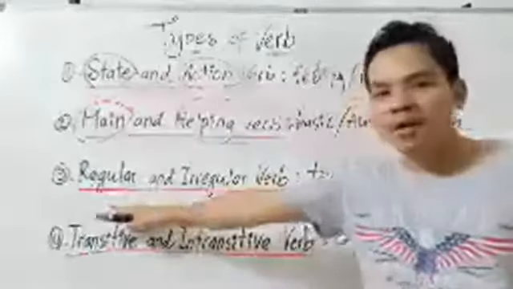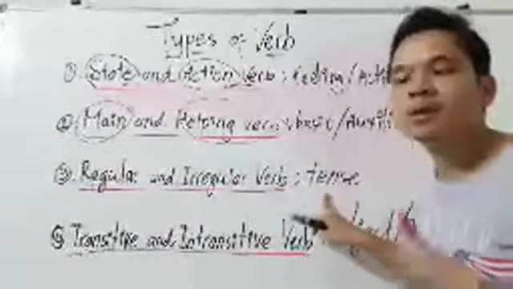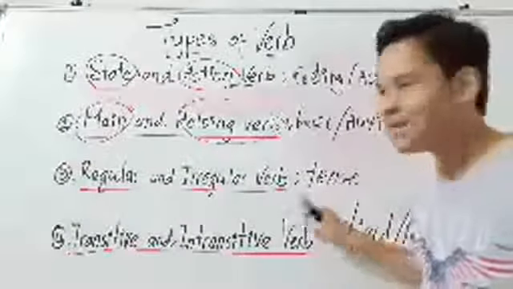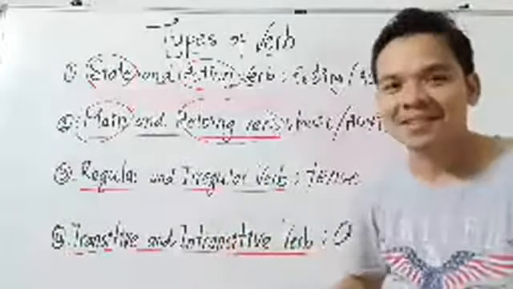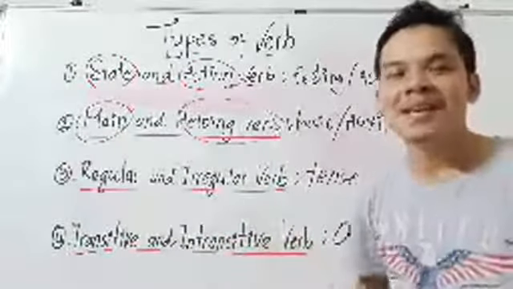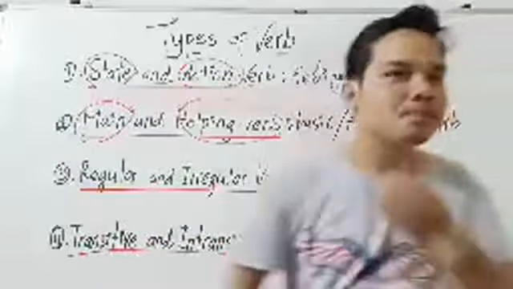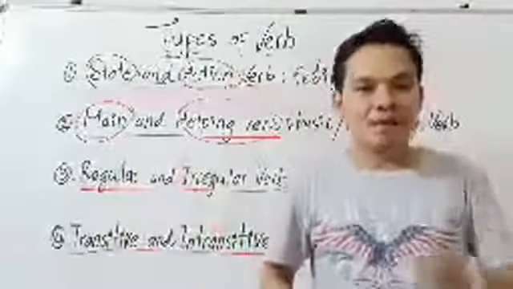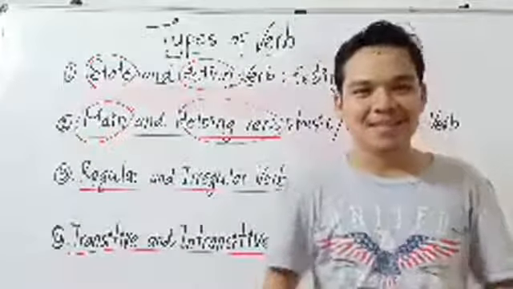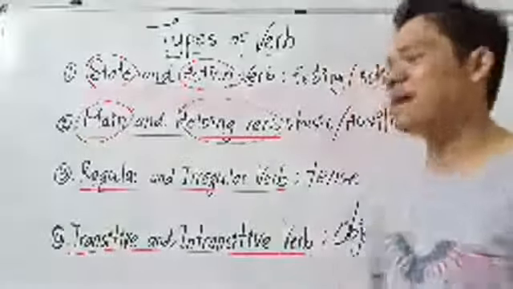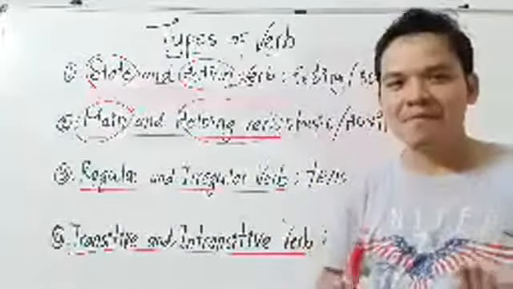With regular and irregular verbs, we learn about tense. With transitive and intransitive verbs, we learn about the verb that needs an object and the verb that doesn't. So today my lesson is only verbs, just a small and simple step for you.